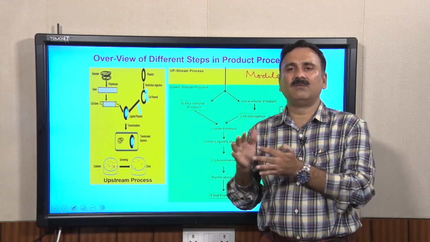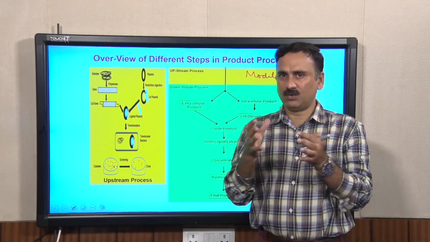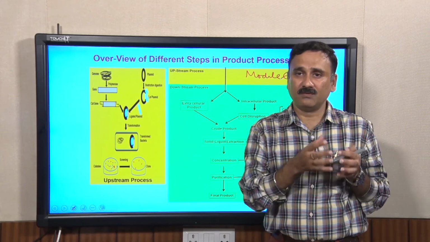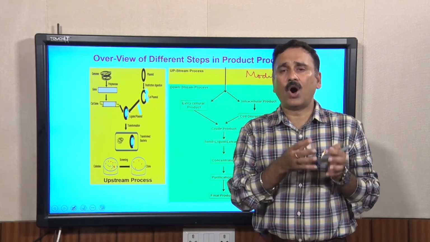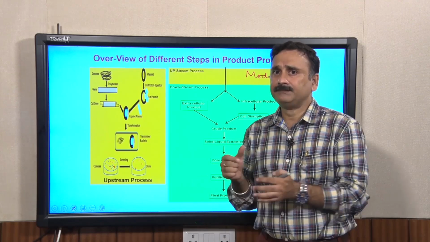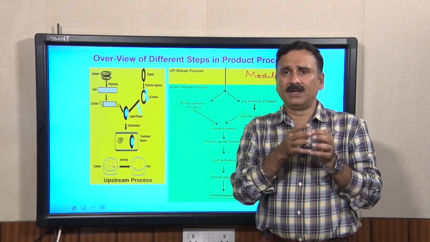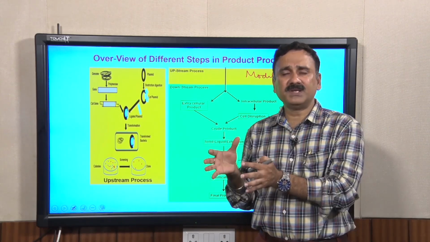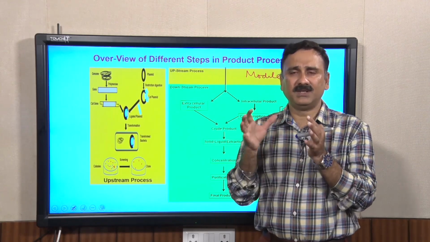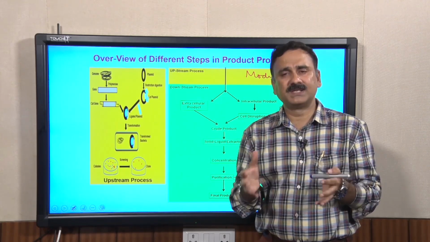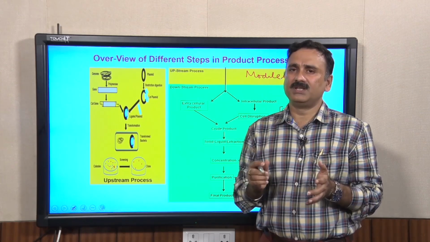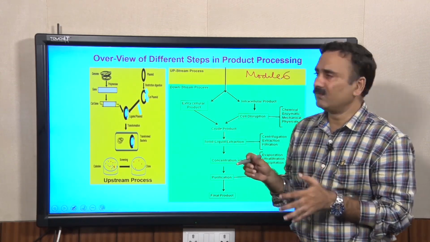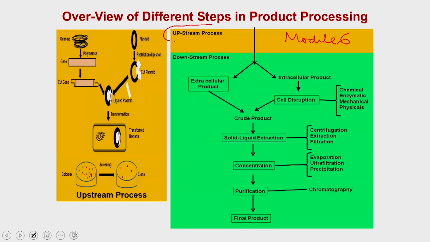And in all these systems, we also discussed how you can get expression using constitutive promoters or inducible promoters. And once you have cloned and overexpressed the protein in these host cells, all these procedures come under the purview of the upstream processes.